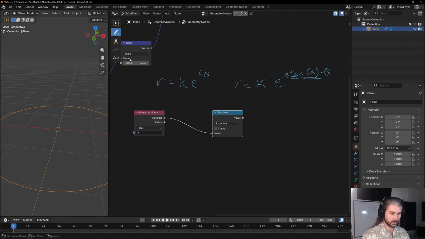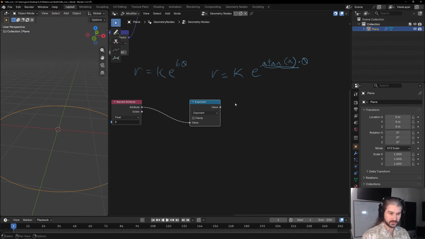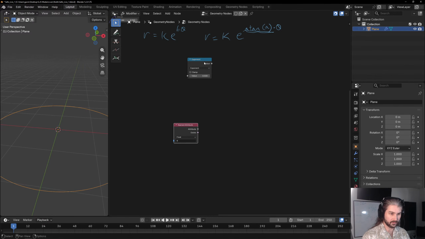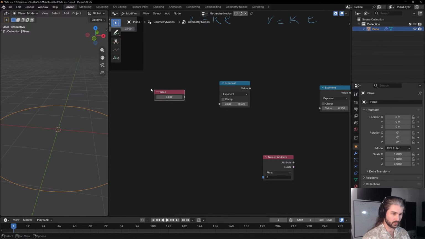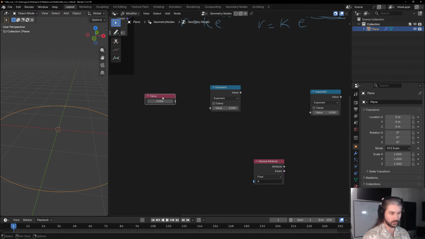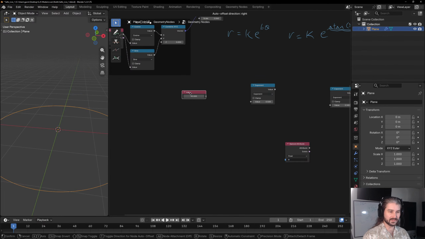So, anyway, we're going to get rid of theta for a hot second. So we have our e. We need to take some value, which is going to be our alpha. That's what we're going to call this because it's an angle. We'll set it to something familiar like 90.